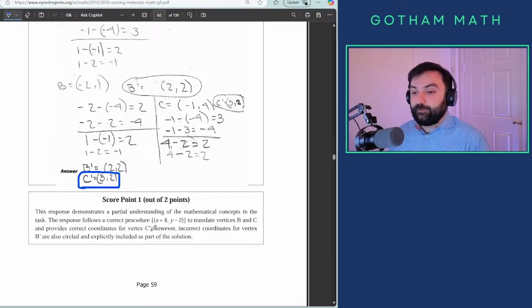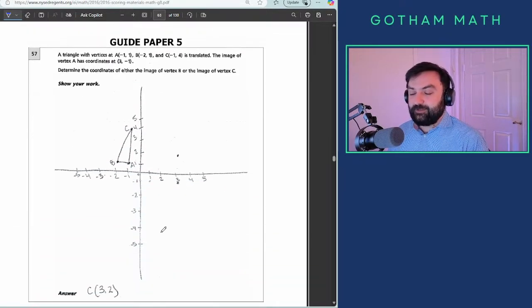All good. We're moving on into this. Oh my God. What is that? I don't know. That's graphed for no reason, and somehow got the right answer, but no evidence of how you got the right answer.